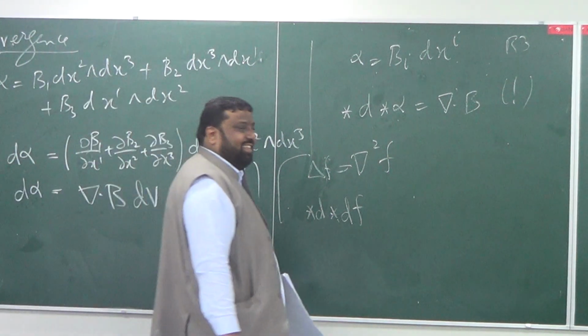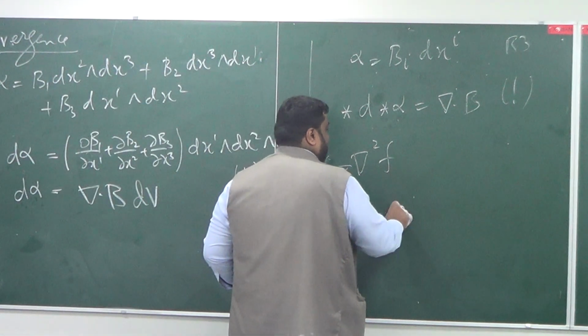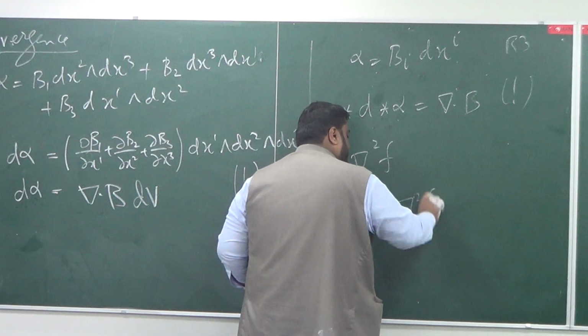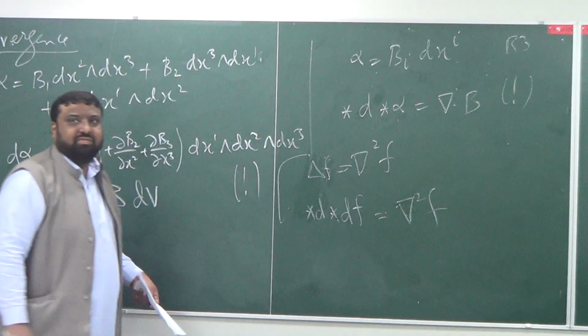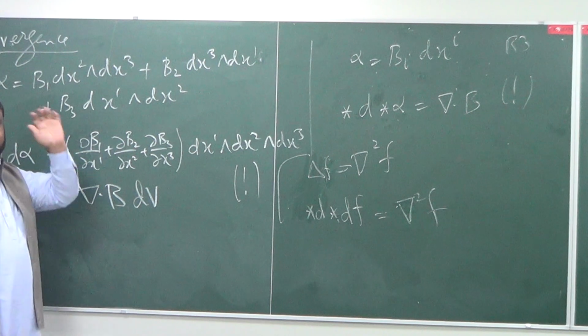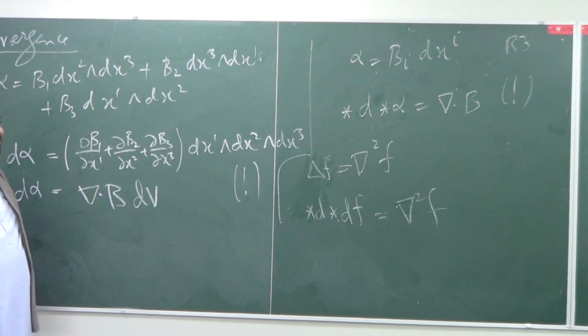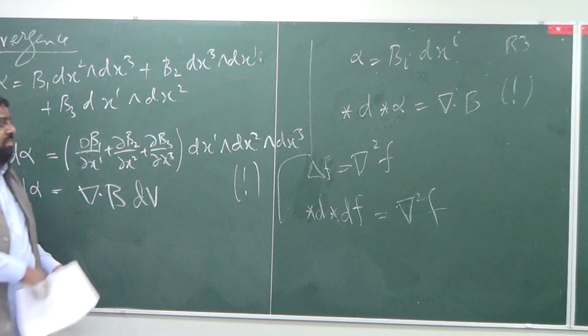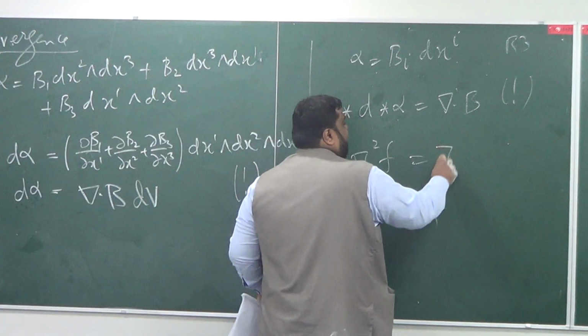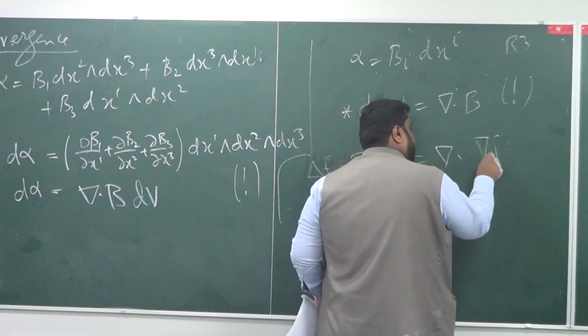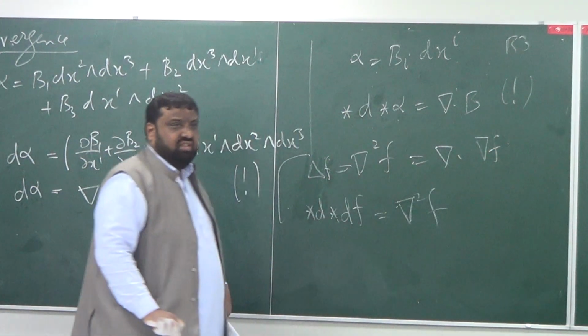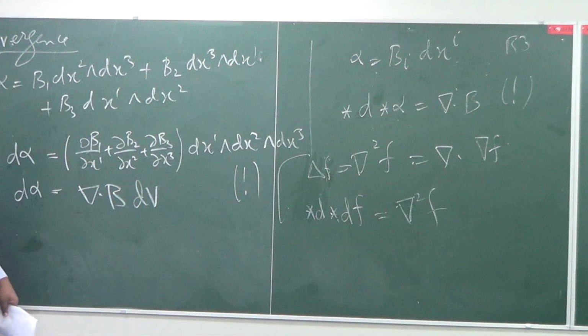So you get a 0-form, what? You're going to get this del square f. Check it. By del square f, obviously I mean the divergence of the gradient.